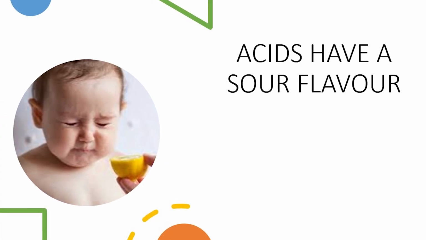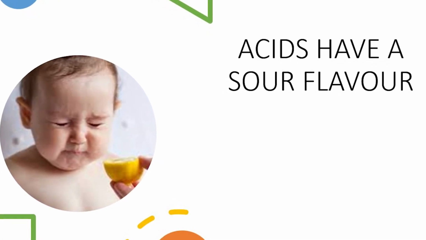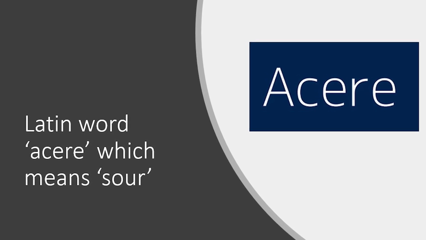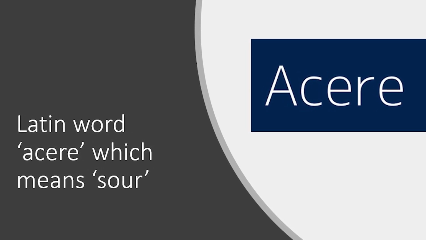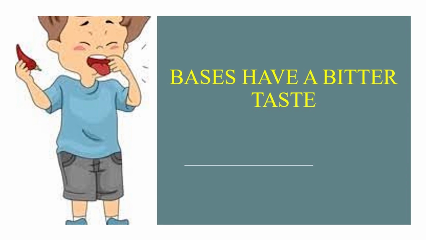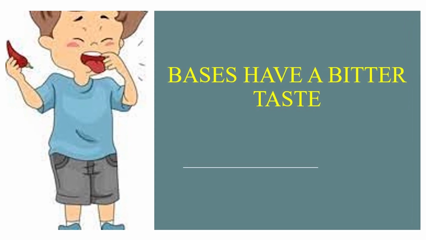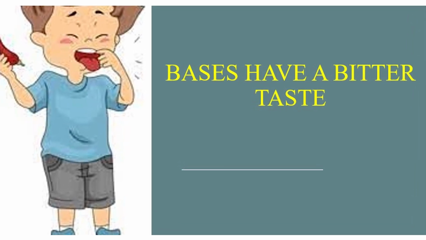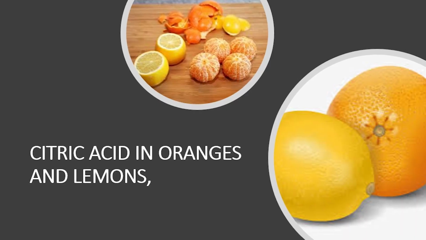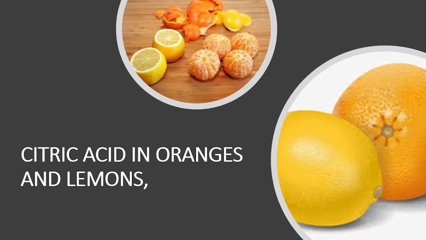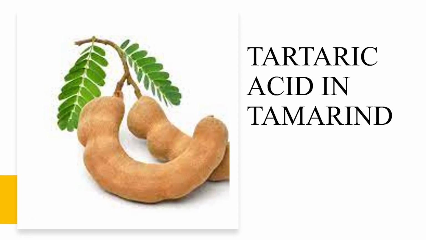Acids have a sour taste. The word acid comes from the Latin word acer, which means sour, and bases have a bitter taste. Citric acid is found in fruits such as oranges and lemon. Tartaric acid you can see in tamarind.